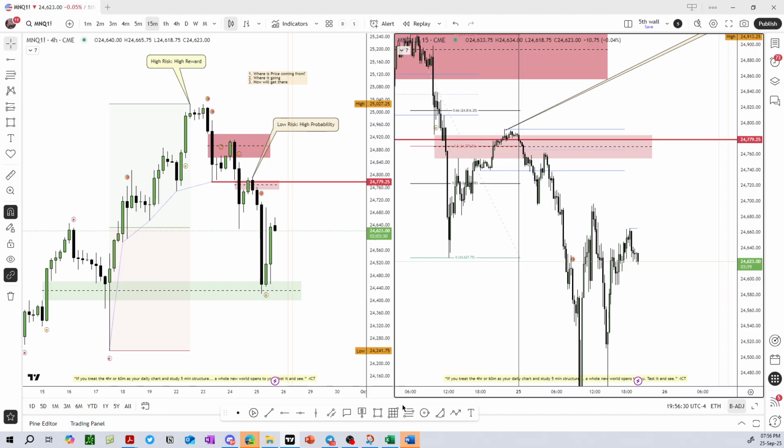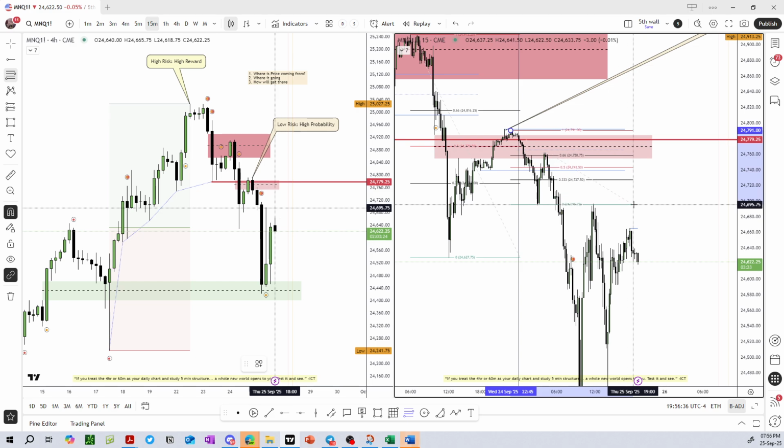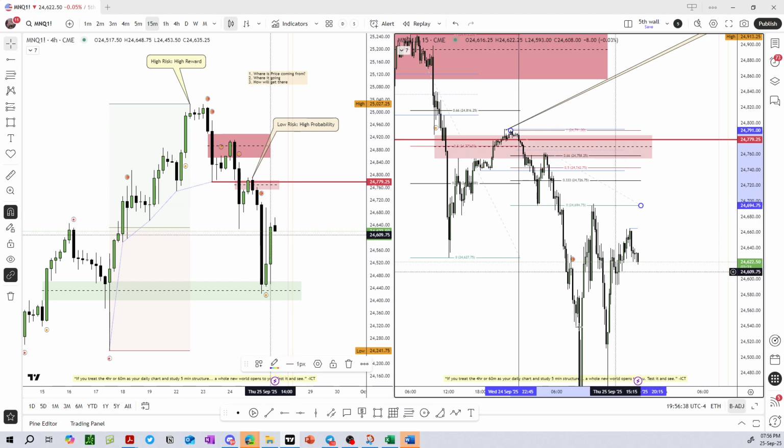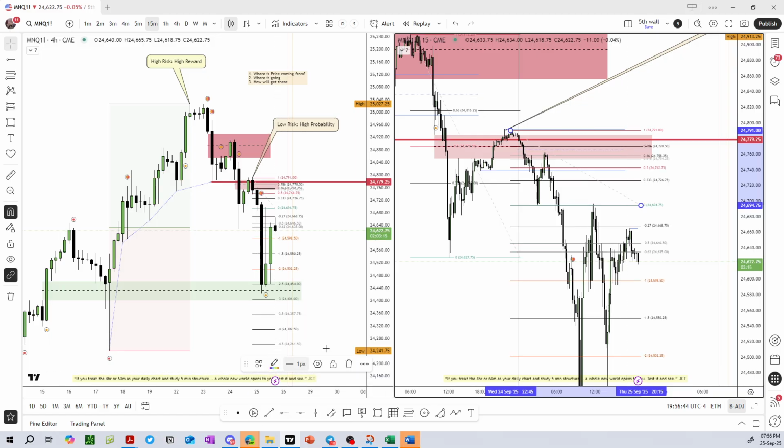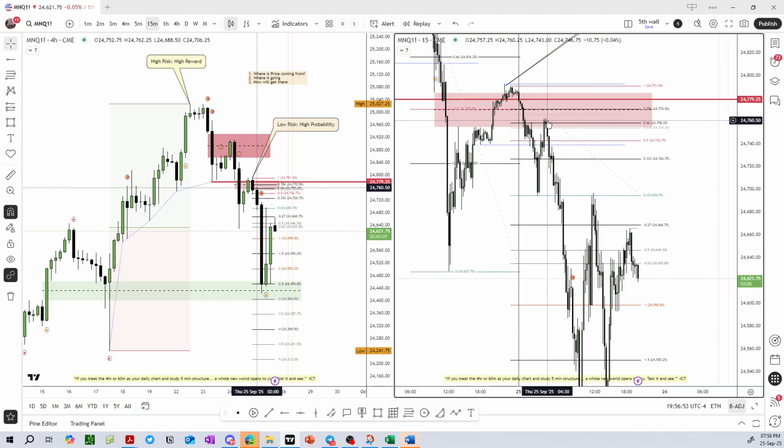Other than that, you have optimal trade entry utilizing the high to the low, and we have an optimal trade entry here at 4 o'clock, 4:15.